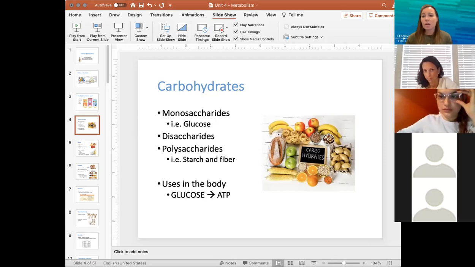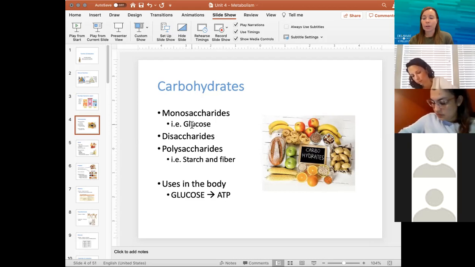Okay. So the main use in the body for carbohydrates is to obtain glucose. So really quickly, glucose is a monosaccharide, and any carbohydrate that you ingest can be broken down or converted into glucose.